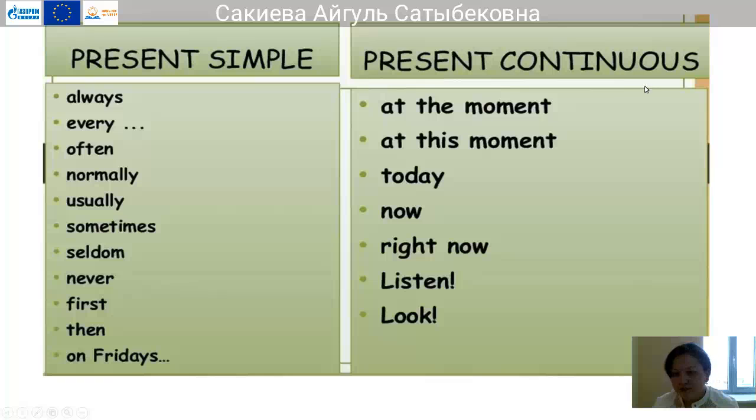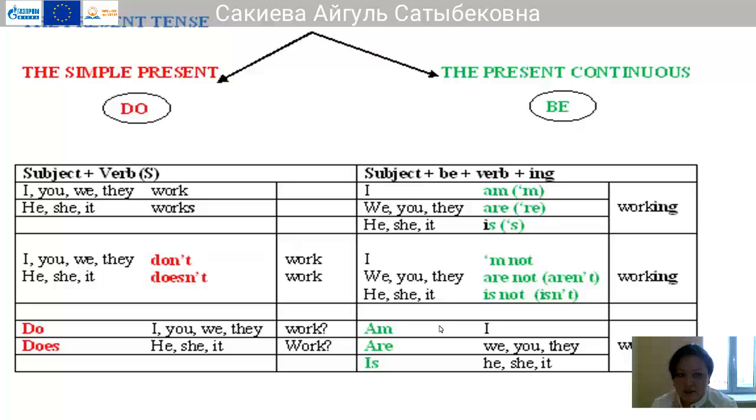But with present continuous, we use phrases like at the moment, at this moment, today, now, right now, listen, and look. If you see these words or phrases in the sentences, you can automatically think that it could be a present continuous, yes?